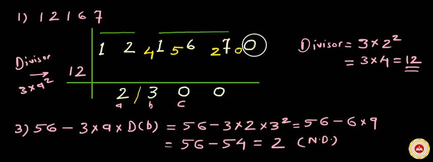Now this 0 is our new gross dividend. So friends, we have covered all the digits in the given number and the gross dividend is 0.